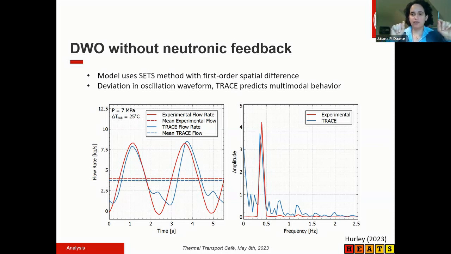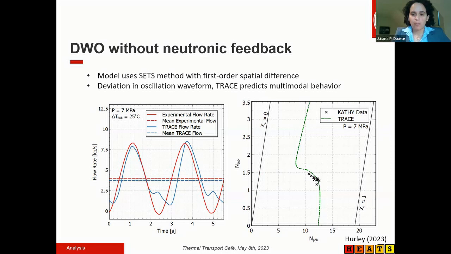So there are several if functions that are making TRACE switch from one model to another in a very short period of time. And this is the reason that we believe that we have this wiggling here at the lower mass flows, when we are switching flow regimes and also heat transfer regimes that are not necessarily capturing the physics of these transition models.